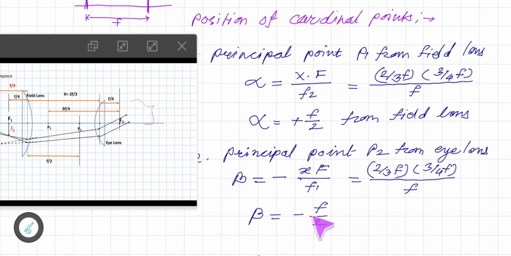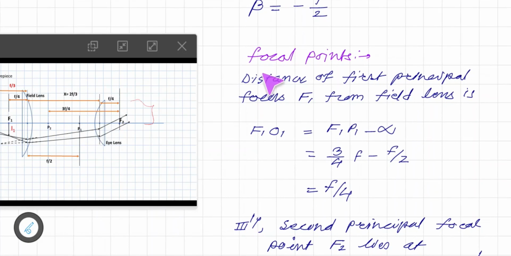Minus f by 2 means this principal point must be to the left side of the eye lens, at distance minus f by 2. This way the principal points can be fixed.